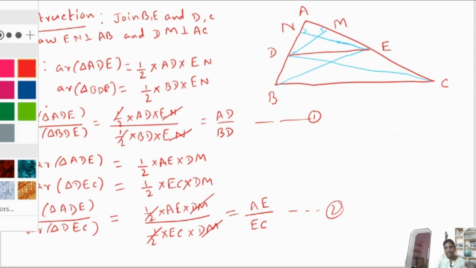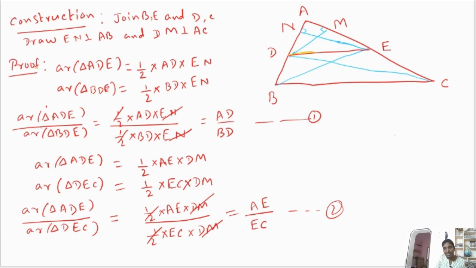See this yellow line, DE is the same base for these two triangles, and DE and BC are parallel lines. These two triangles are between the same parallels and on the same base. So the area of this triangle will be equal to the area of this triangle.